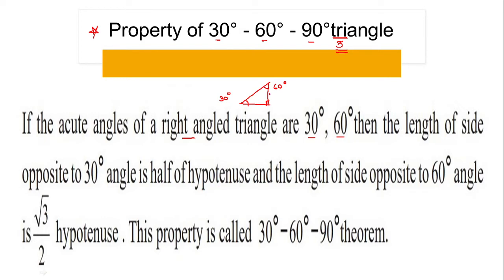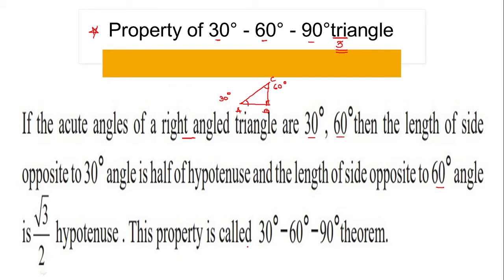Let me name it ABC: then this BC is going to be half of the hypotenuse AC. And the length of the side which is opposite to the 60 degree angle, now here we have the 60 degree angle, who is opposite to 60? This side AB. So this side AB is going to be root 3 upon 2 times the hypotenuse.